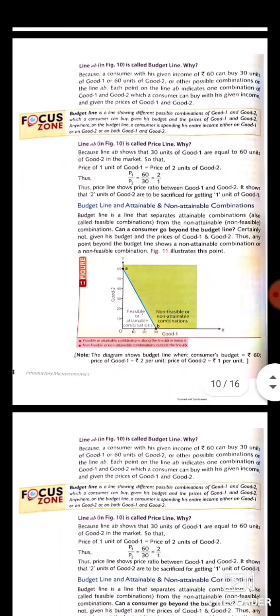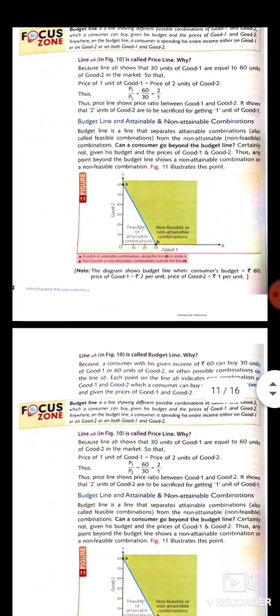The next is budget line and attainable and non-attainable combinations. So all the combinations which fall under the budget line are feasible or attainable combinations. Means with given income, a consumer can purchase any combination of commodity 1 and commodity 2 which falls under the budget line.